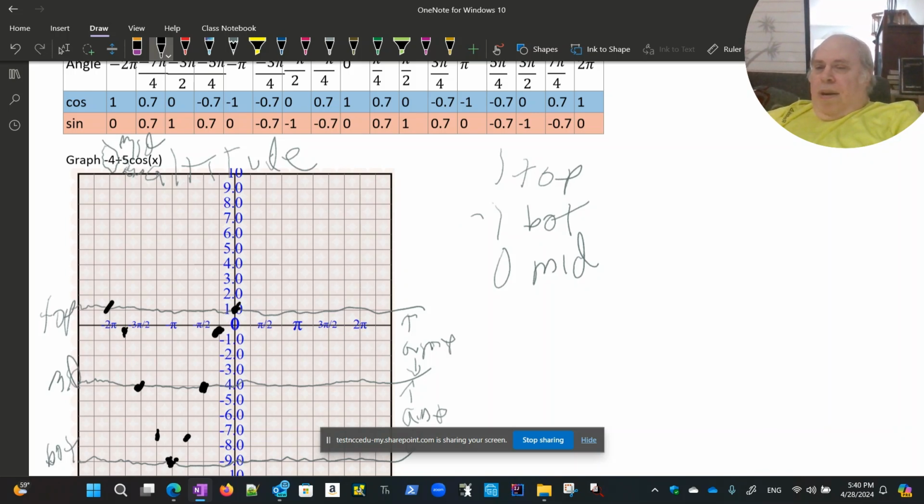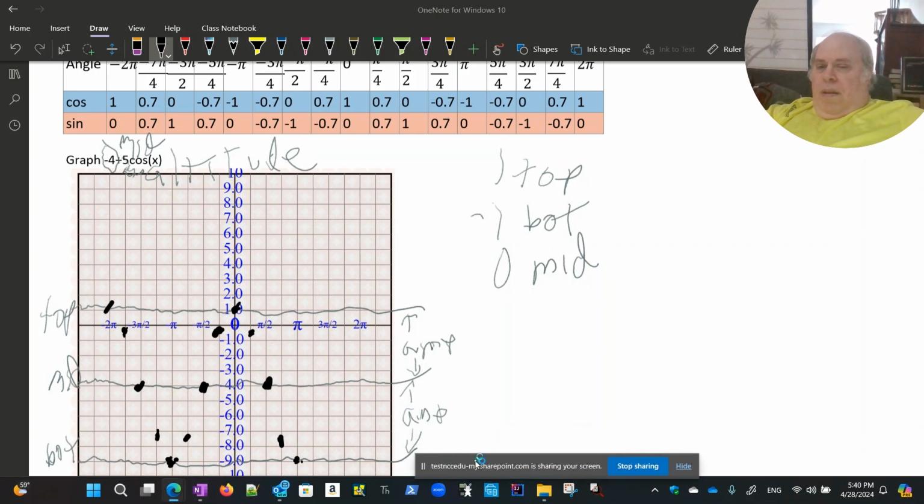And I always end where I start. Then I do the same thing: 0.7, midline, minus 0.7, bottom, minus 0.7, then back to the midline, then plus 0.7, then back to the top.